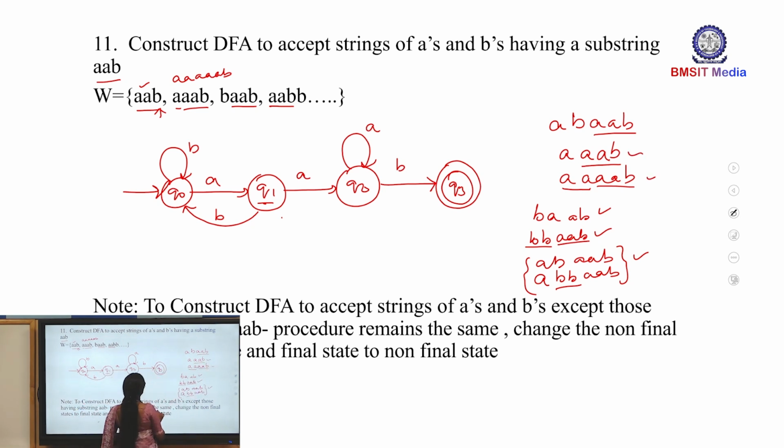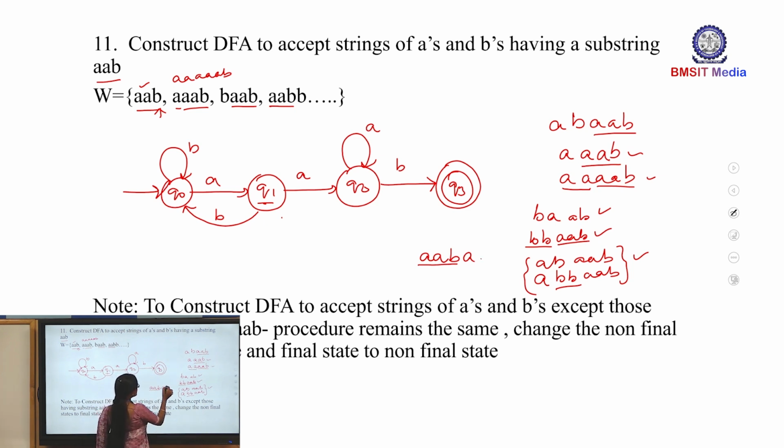Now coming to Q3. Q3 should make a transition on seeing an A as well as on seeing a B. Now what happens if I see an A and a B here? When do I reach Q3? On seeing AAB, I reach Q3. Now what happens if I see an A here? This should be a valid string because you have AAB here.